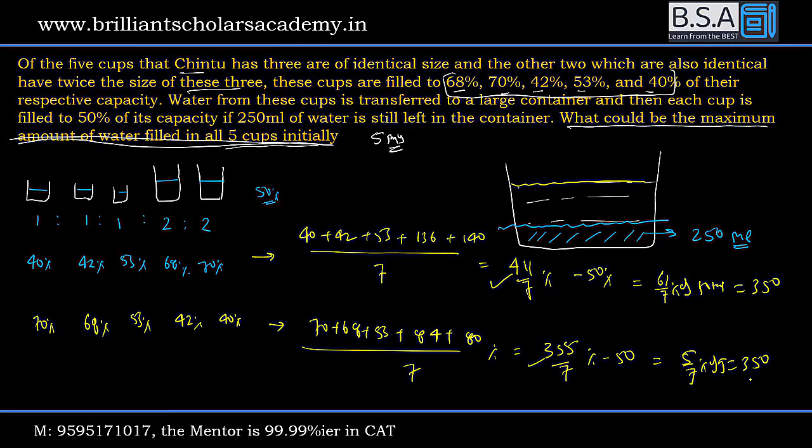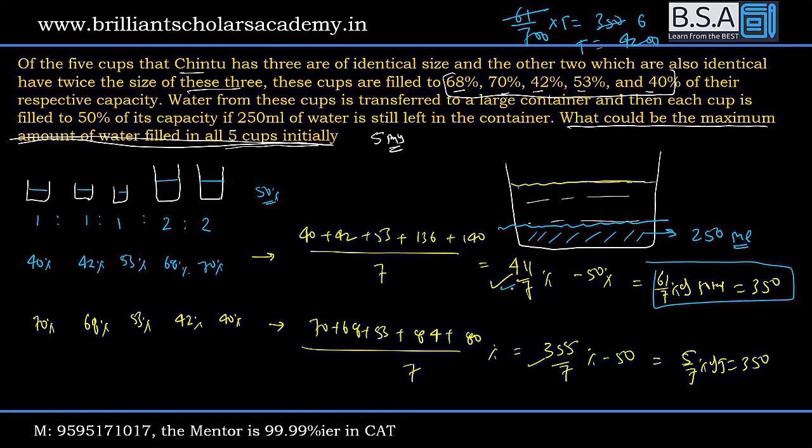Roughly speaking, let me use the top part of the screen. What this means, roughly speaking, is 61 upon 700 into total is equal to 350. Can I say this cancels as roughly 6, cross multiply? Total volume is equal to 4200.